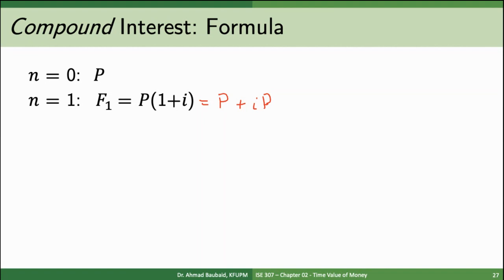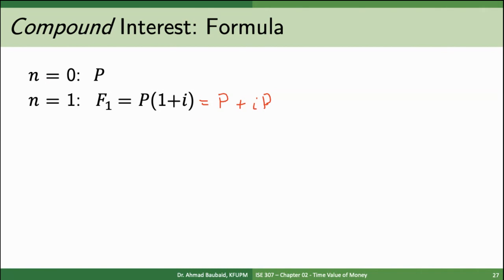What about n equals 2? What's going to happen? Maybe someone can tell me. Yes, Khalid? Take the whole value that I got from n equals 1 and apply the interest on it. Yes, and how do I apply it?